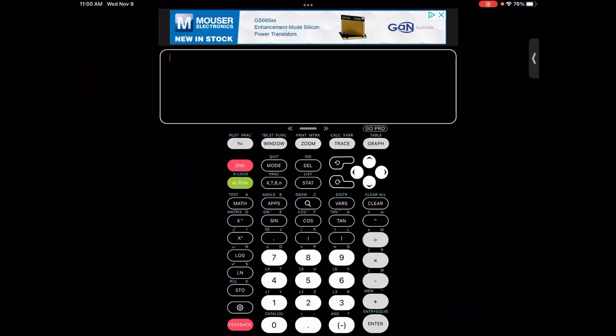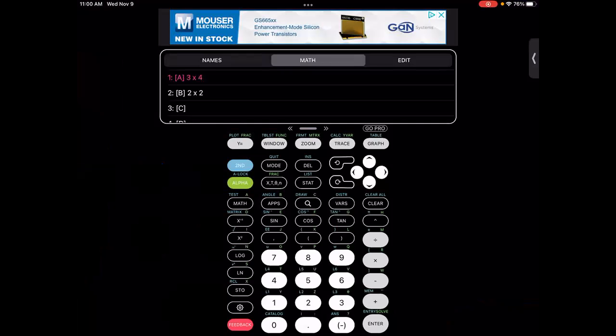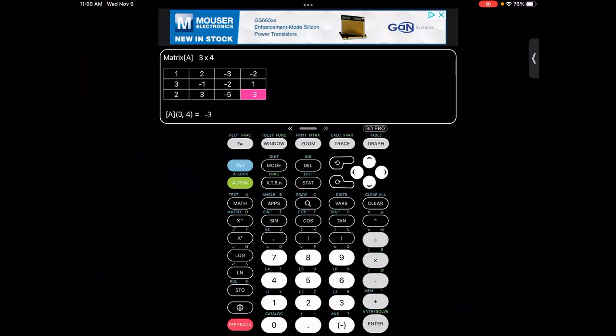So go to second matrix again. Go over to edit. What is the dimension of the matrix? 3 by 2, right? So 3 by 2.